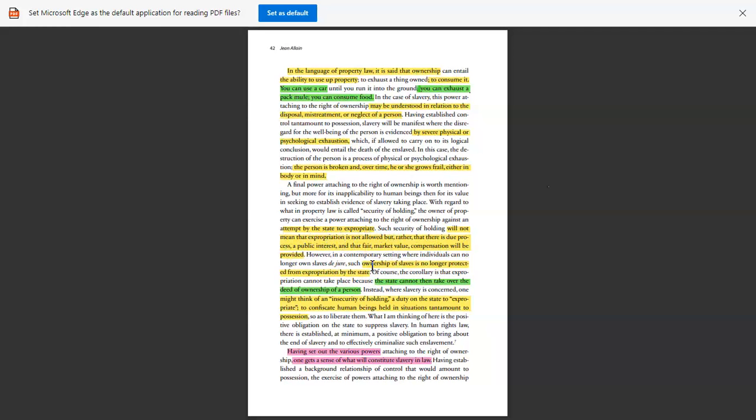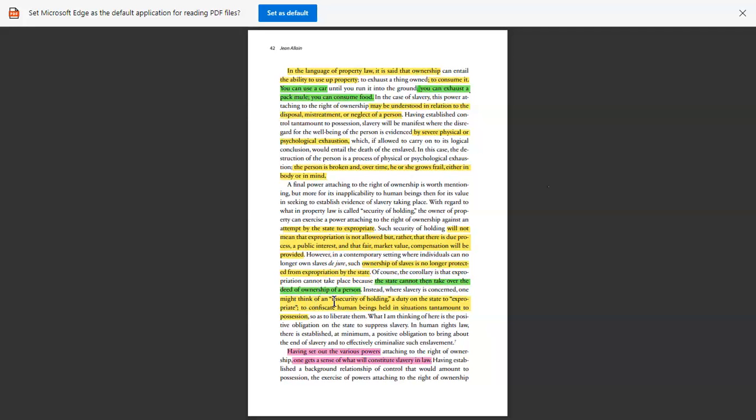So ownership of slaves is no longer protected from expropriation by the state. So the state cannot then take over the deed of ownership of a person. The state is not supposed to be able to take over a deed of ownership of a person. Yet that's exactly what is happening when it comes down to involvement within, I believe, the family court system.